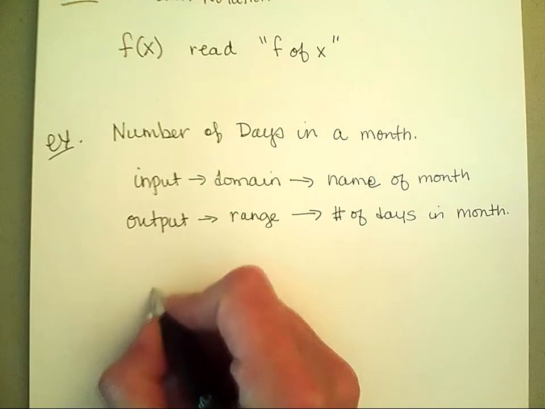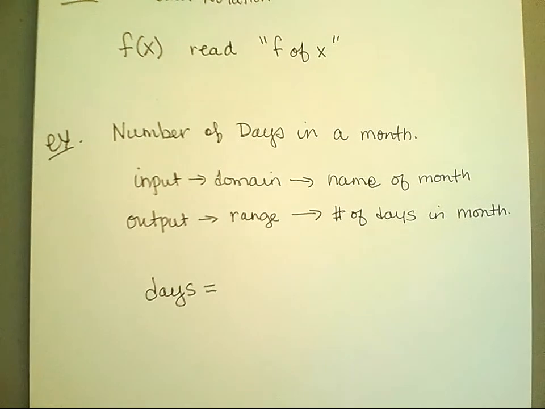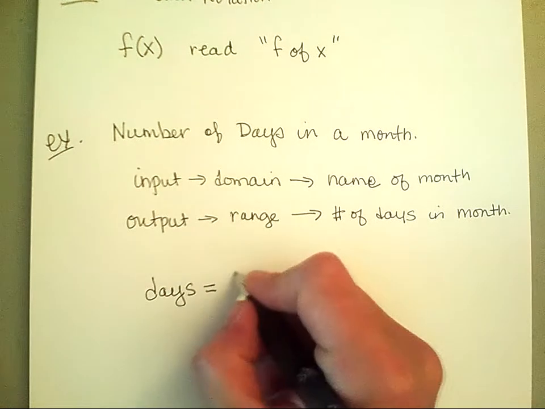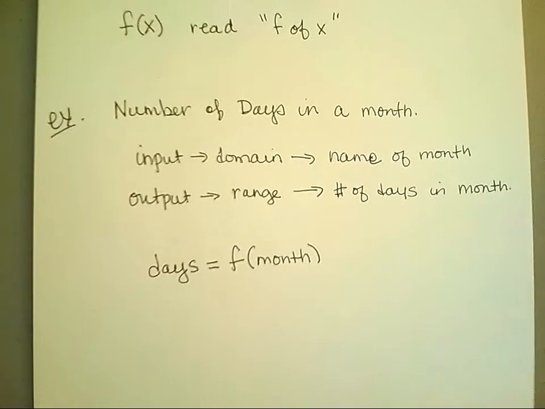Okay, so if the output is the range, that's what's coming out. Those are the days, and that is a function of the input, and the input is the month.